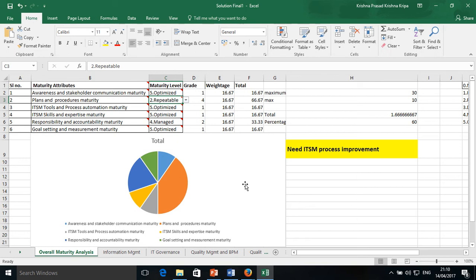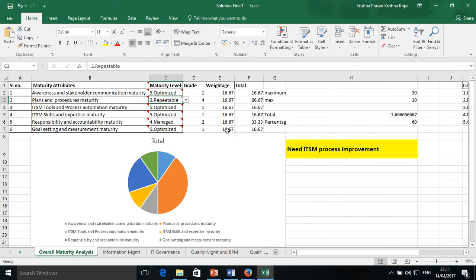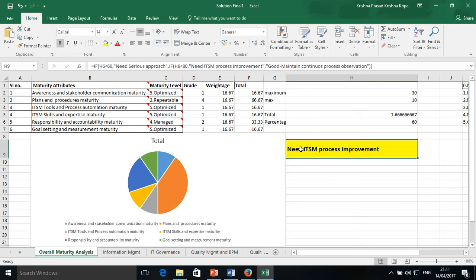See, when it goes below a particular point, I have given a trigger. For example, if we can get a total value above 80 from this, that means the process is good.